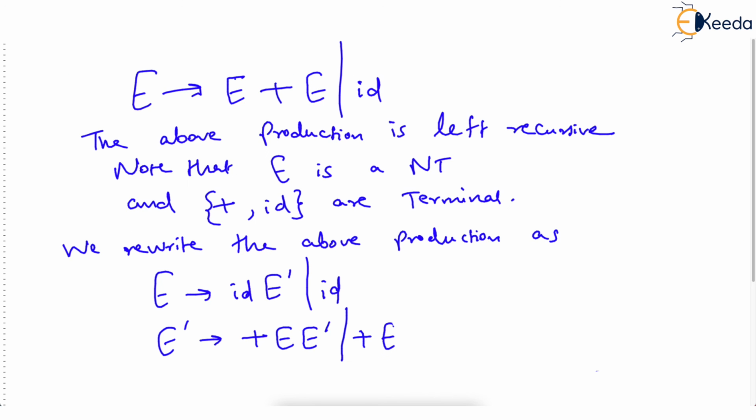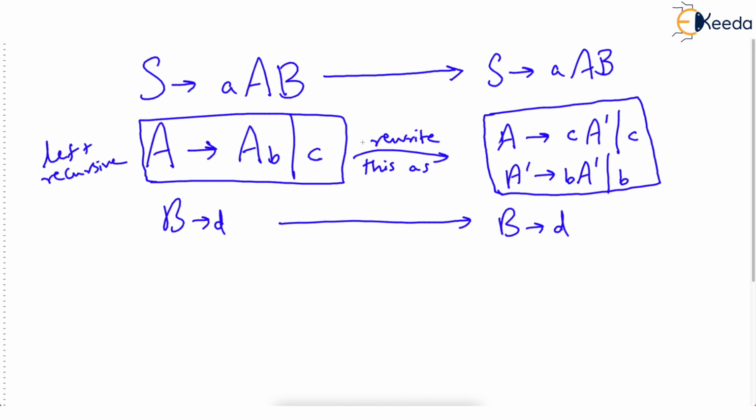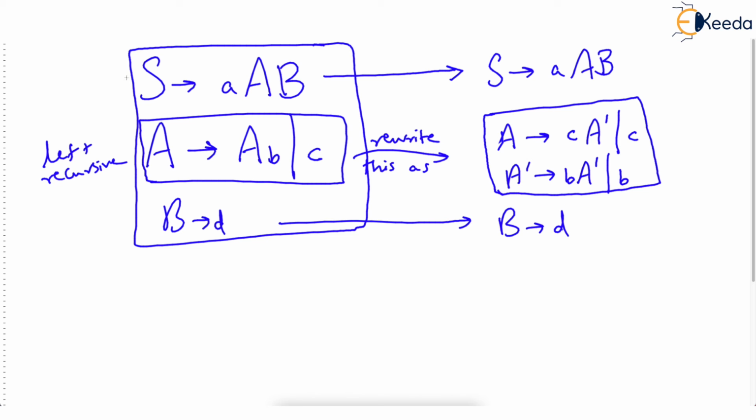Now let's see an example. Consider this grammar given. Now this grammar has a production S derives small a followed by AB. This is not left recursive because S is not written just in the beginning on the right hand side.